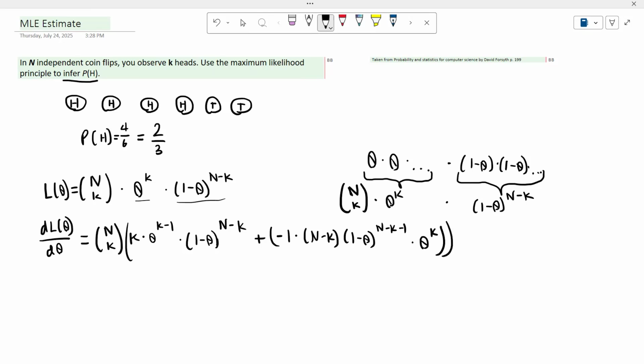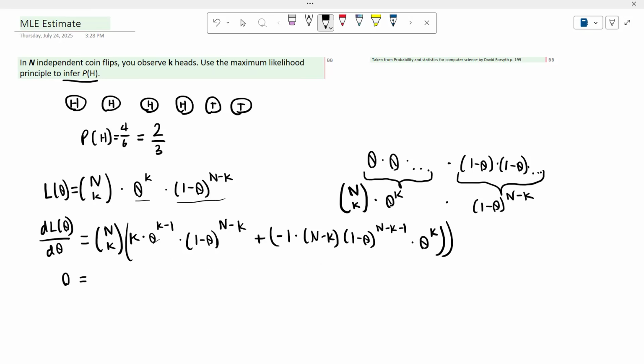So now from this, if we want to set this side equal to 0, we know that the choose function will never be equal to 0, so we can kind of ignore this or divide by n choose k from both sides. So the real interesting bit is going to be our big part in the parentheses right here.